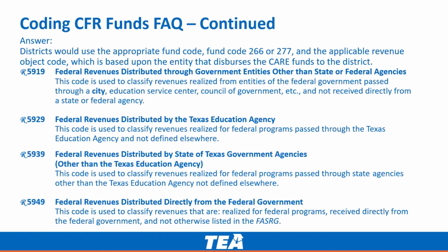Some of you may have received the SHARS money that they had sent out, and I'm sorry, the title of the federal grant escapes me right now, but you would record those in 5939, and then if you received any funds from the federal government, then you'd use 5949.